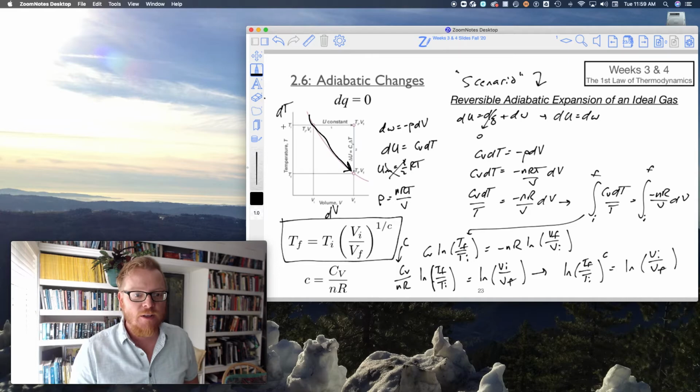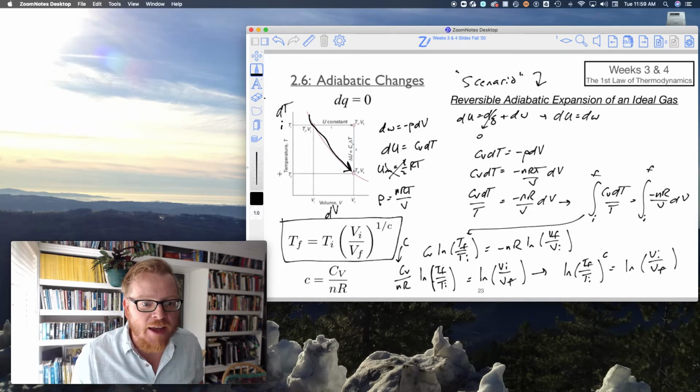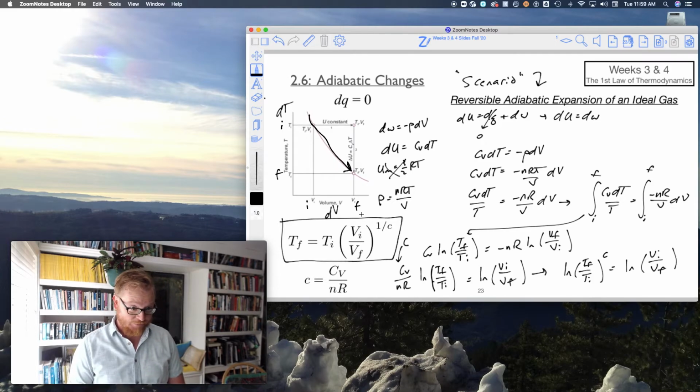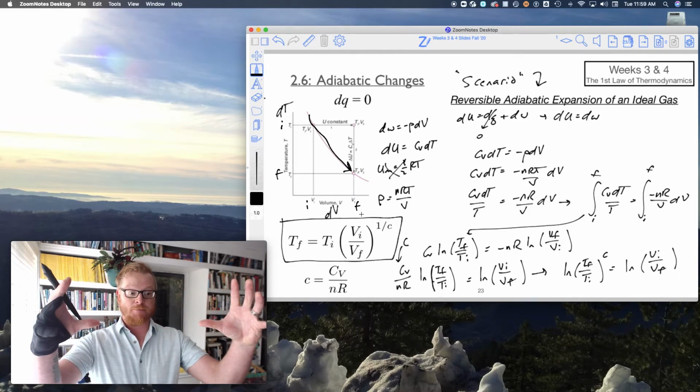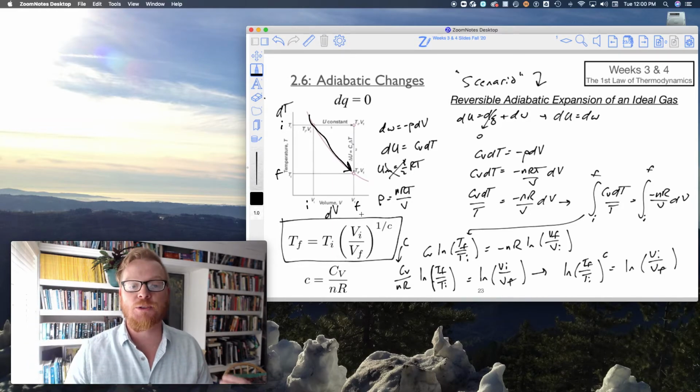You notice this relationship. So that's I and F, and this is I and F, initial and final. And so what's physically going on there? As the gas is expanding, it can't acquire heat from the surroundings, so it has to use its own heat to fuel that expansion.